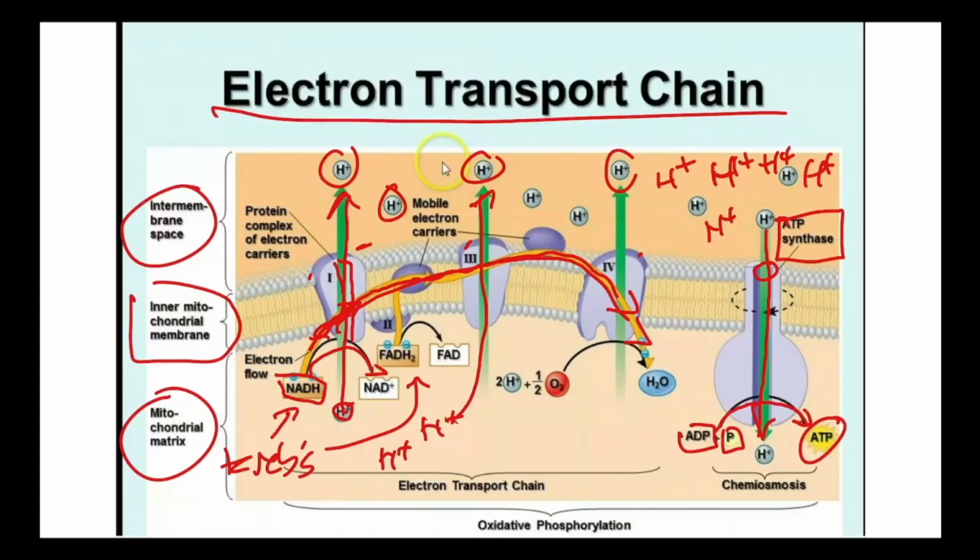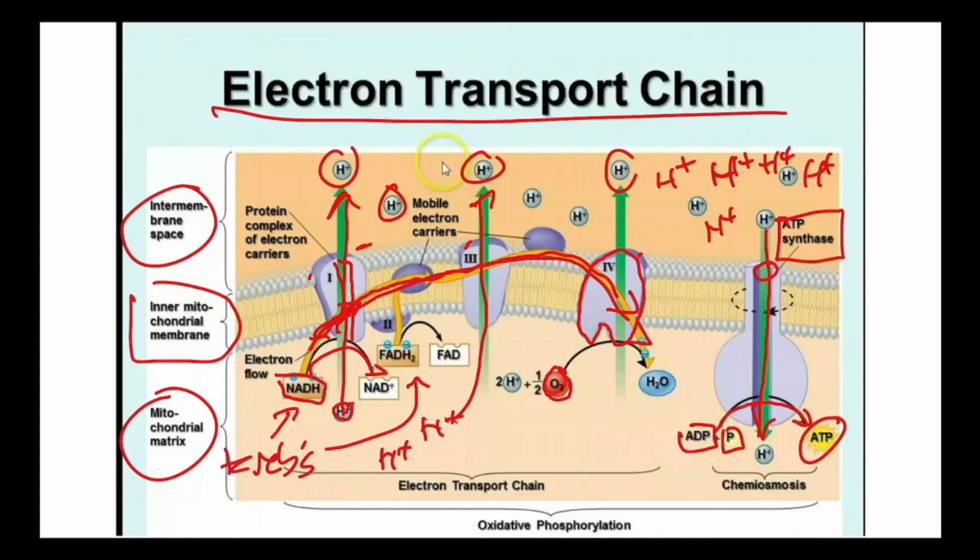Well, where do those electrons go? We looked at that with the photosynthetic electron transport chain. At the end of this pathway, the electrons need somewhere to go as well. So remember we said oxygen was a necessary ingredient. You've got to have it for aerobic cellular respiration. Well, the reason you need it is because at the end of the electron transport chain, you need an atom that is more electronegative than the most electronegative protein in the chain so that the electron will be pulled off the chain onto oxygen.